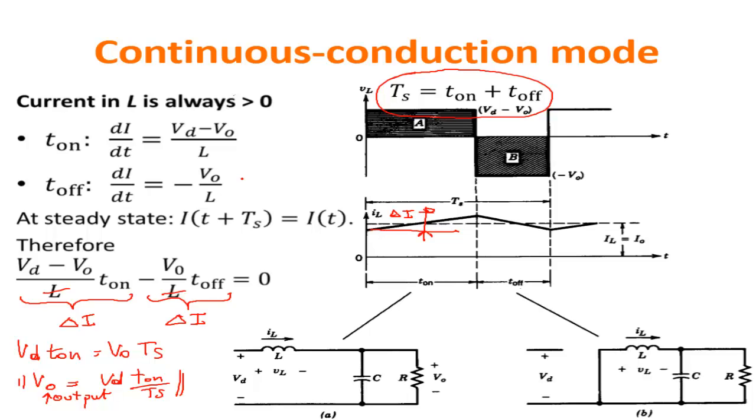Now, the important and defining aspect of continuous conduction mode is that the current through the inductor, even if it varies significantly during the period, is always positive, therefore larger than 0.